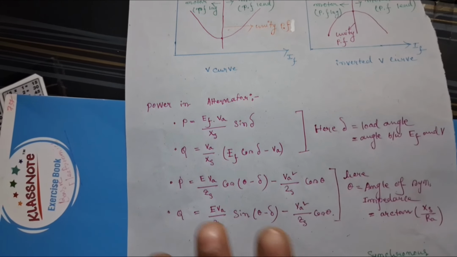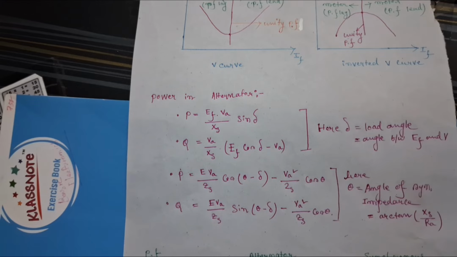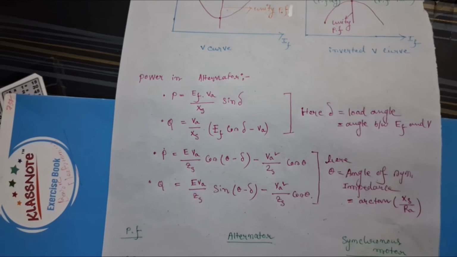Or active power P equal to E into Va by Zs cos theta minus delta minus Va squared by Zs into cos theta. Here theta is angle of synchronous impedance and Zs is synchronous impedance. E is excitation voltage, Va is terminal voltage.